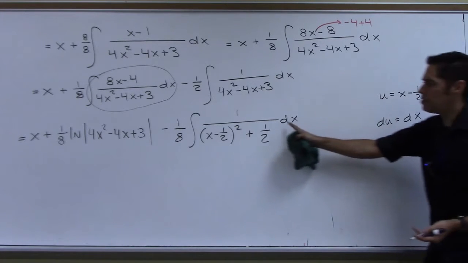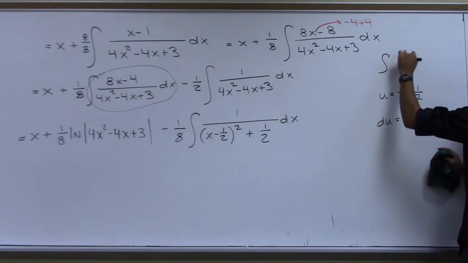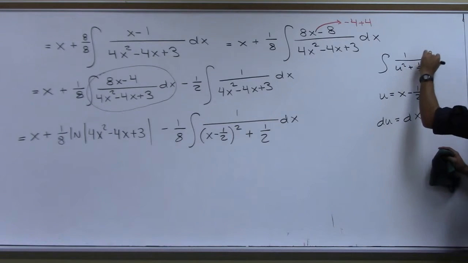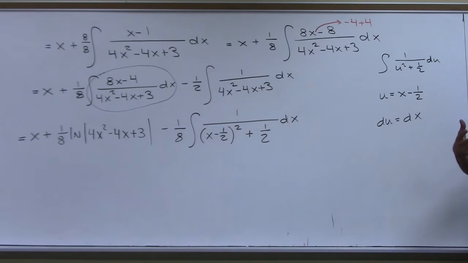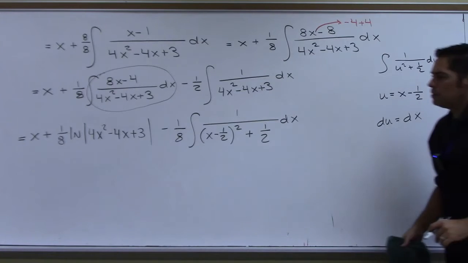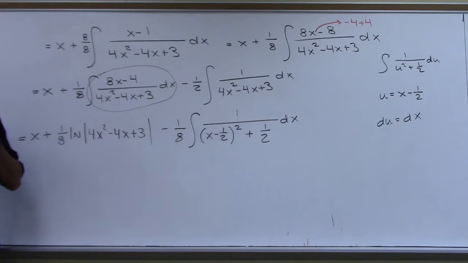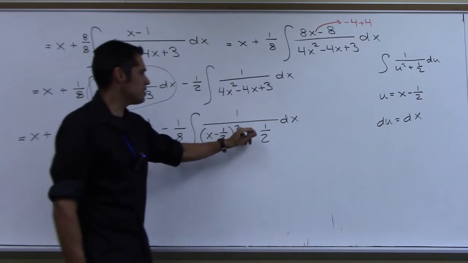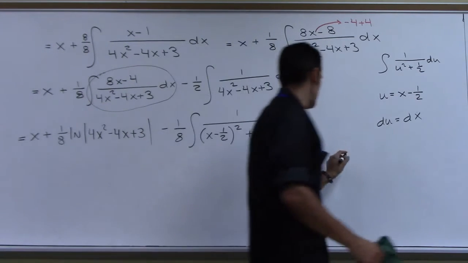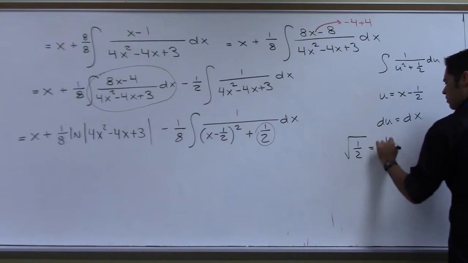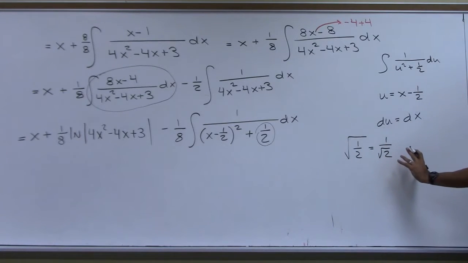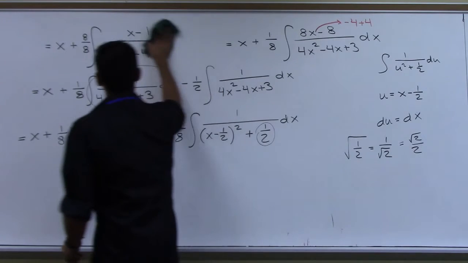And then this whole little integral right here becomes integral 1 over u squared plus 1/2, right? That's all it is. And now you can go to formula 17. And what is a for us? Square root of 1/2, right? It's always going to be the square root of this number. What is the square root of 1/2? That's 1 over root 2, which is fine with me if you write 1 over root 2. You could also write that as root 2 over 2. I don't care.